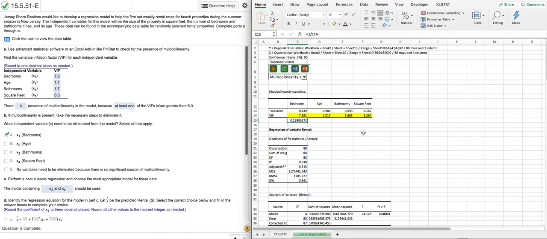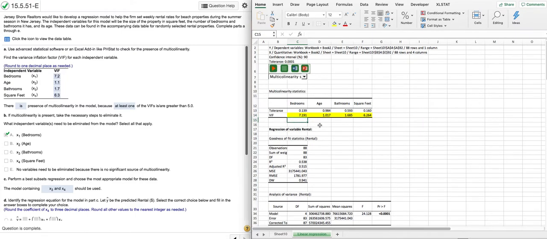So typically anything below 0.2 would be our concern if we're utilizing a VIF hurdle of 5. That's just 1 divided by 5, which is 0.2, and that's what lets us know what our hurdle is for the tolerance if that's what we were making our determination from.